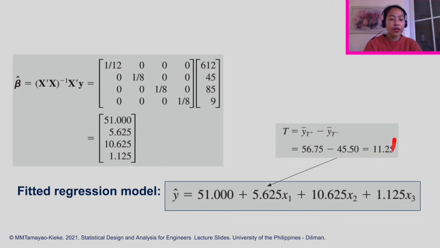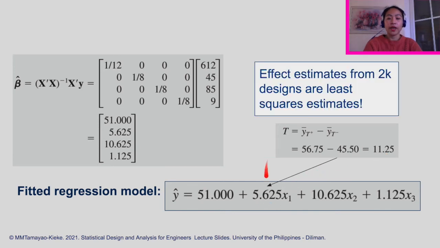Now recall that to get the regression coefficient, we divide this by 2 because we have coded variables from -1 to 1. So 11.25 divided by 2 is just equal to 5.625. This example also illustrates that the effect estimates from 2 to the k designs are least squares estimates.